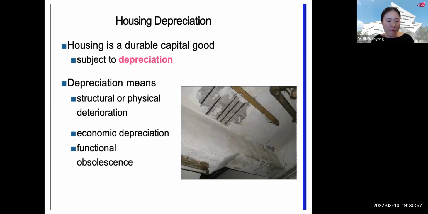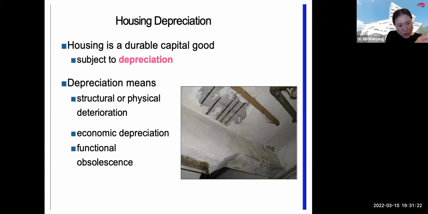And sometimes it's functional. It's functionally obsolete. For example, previously people may be living in small housing units with very poor ventilation, very poor lighting, with small windows. This is a lot of housing, especially public housing that was designed many years ago.